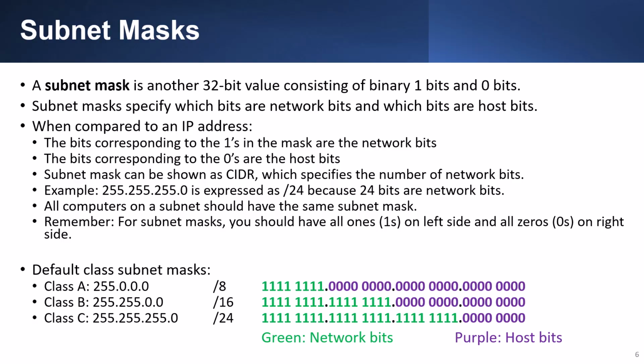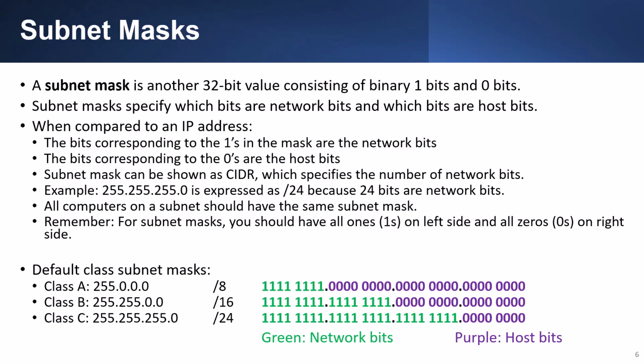A subnet mask can be shown as CIDR, which specifies the number of network bits. Example, 255.255.255.0 is expressed as /24 because 24 bits are network bits. All computers on the subnet should have the same subnet mask. Remember, for a subnet mask, you should have all ones on the left side and all zeros on the right side.